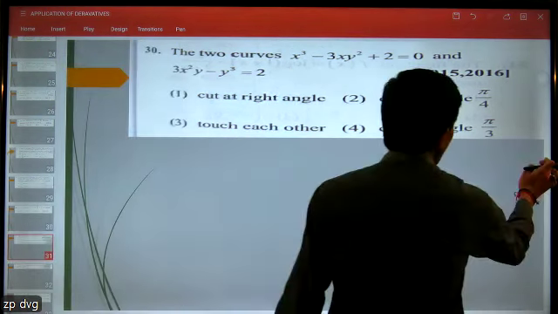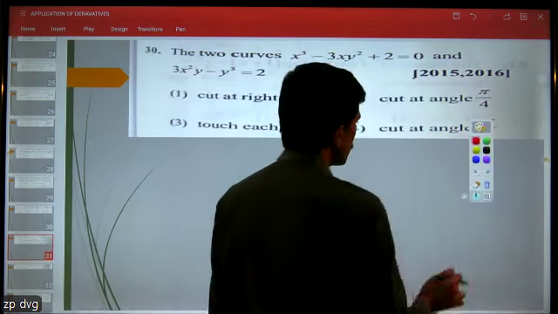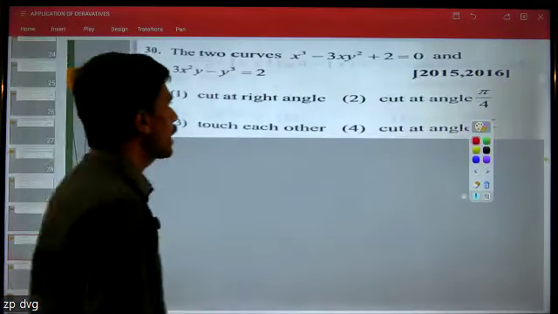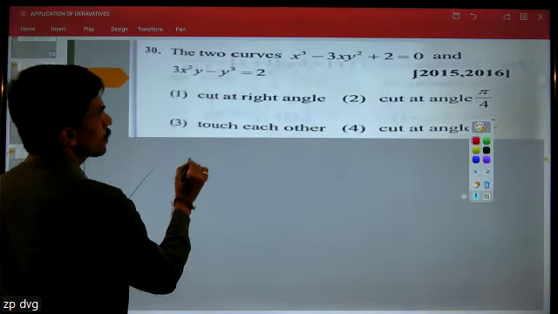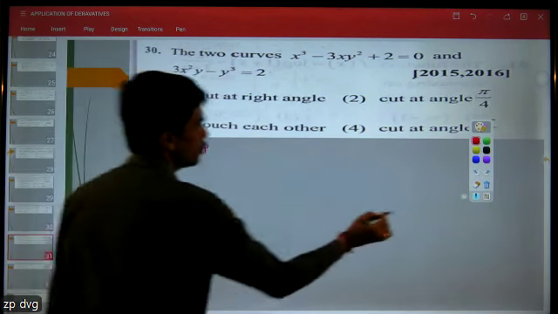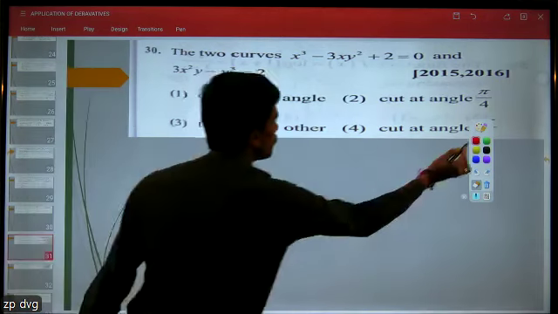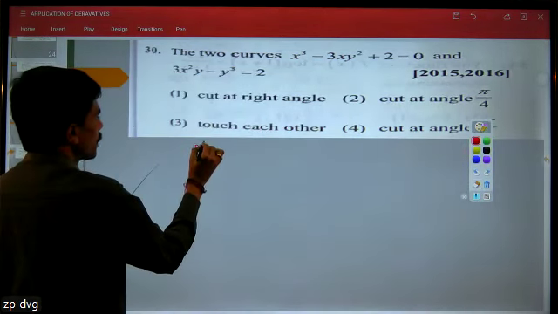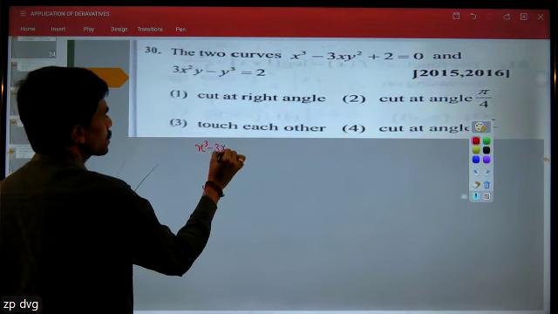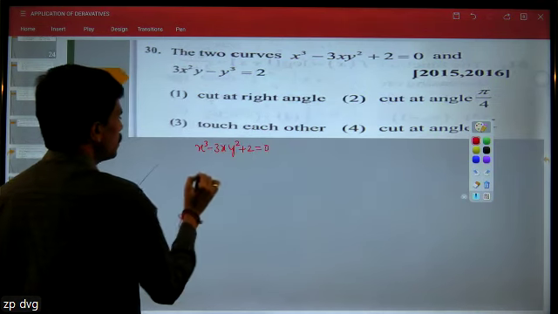So for this, we have to differentiate the given curves. That is x cube minus 3xy square plus 2 equal to 0.